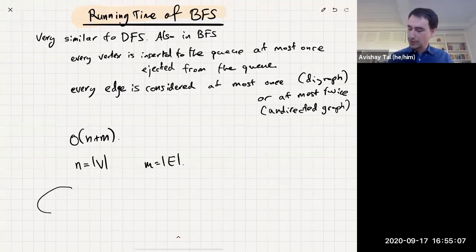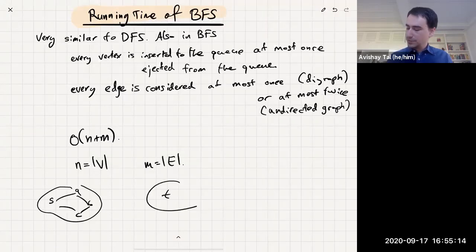So if we have S connected to a bunch of vertices, and we have T here, we run BFS from S, we reveal A, B, and C. We haven't revealed T because there is no path from S to T. Okay.